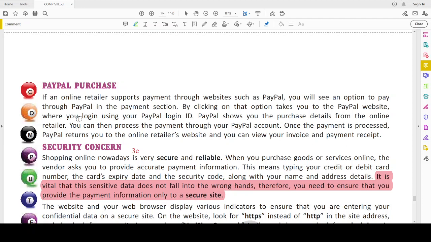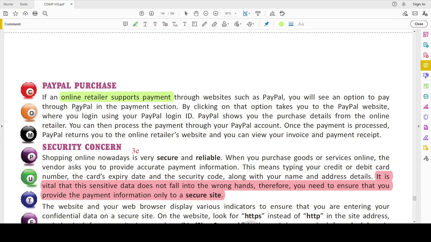So what is PayPal? It's a payment gateway, or maybe a payment merchant. We can open an account with PayPal, and from our PayPal account we can make payment if the online retailer whose website we are visiting supports payment through PayPal.